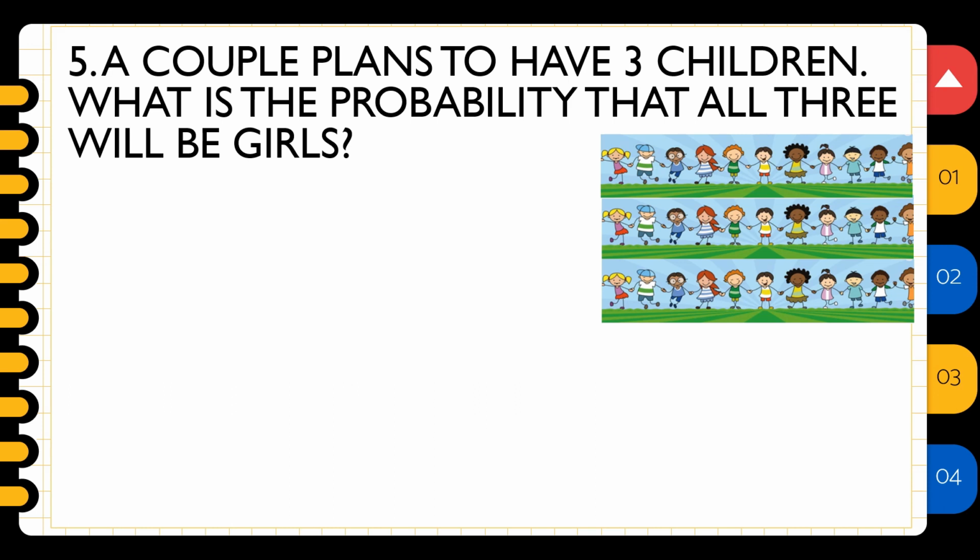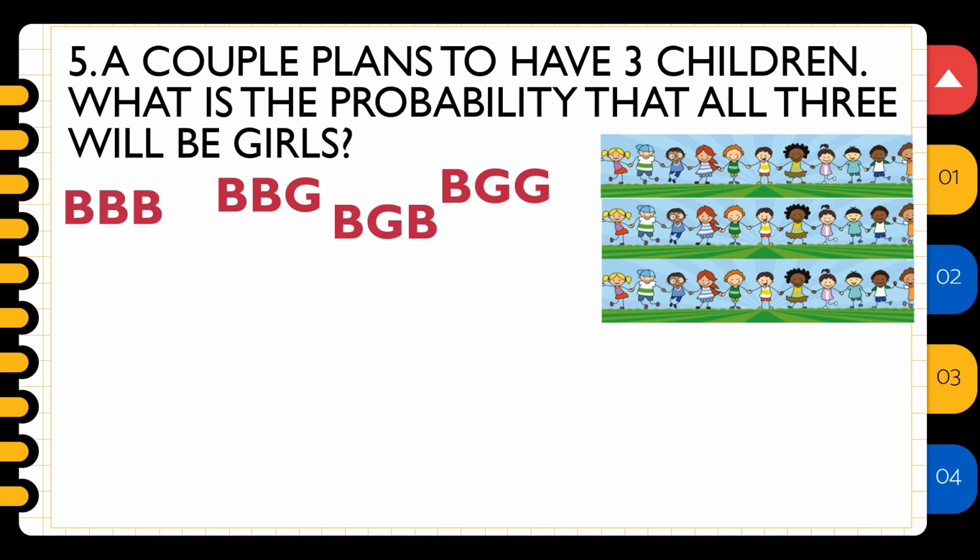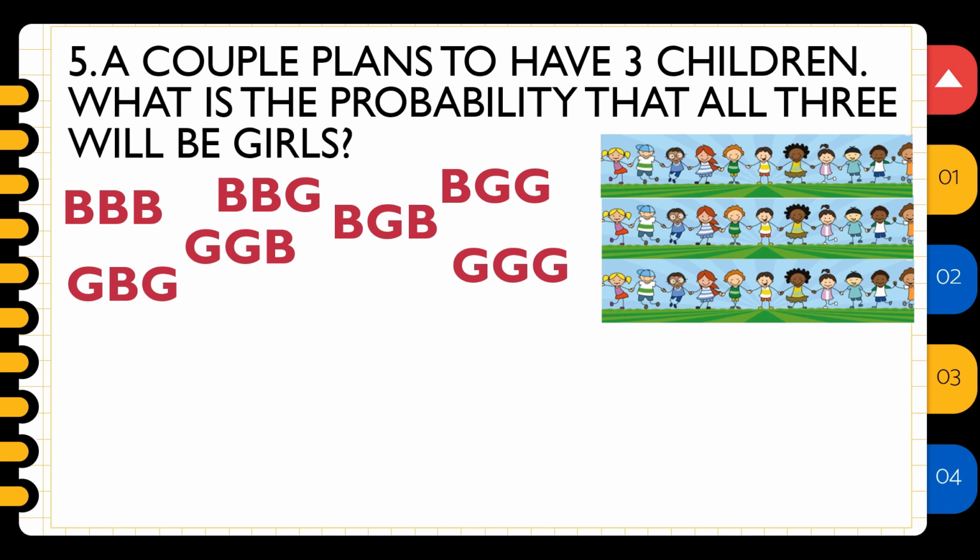Listing down the gender of the children, first, second, and third, we might have boy, boy, girl. Also, boy, girl, girl. Can also be all boys. Another is boy, girl, boy. Can be girl, girl, boy. All girls. Girl, boy, girl. And finally, it can also be girl, boy, boy.